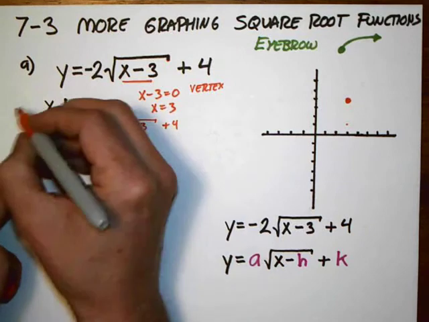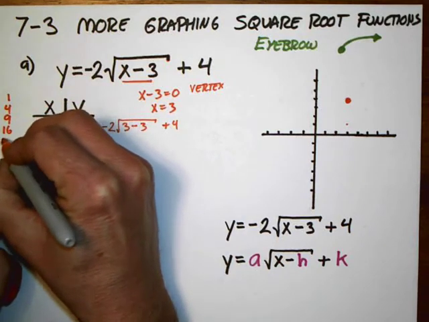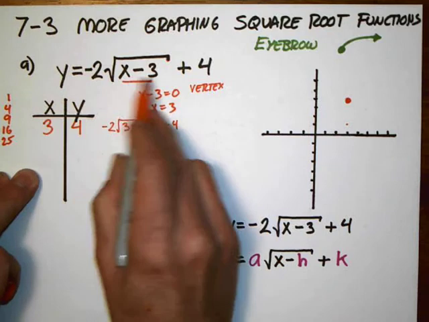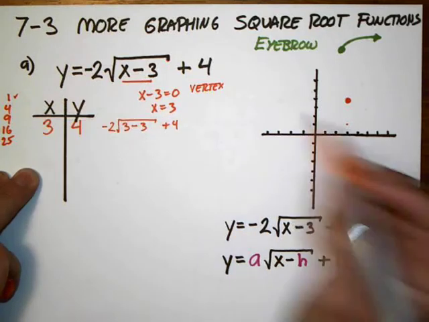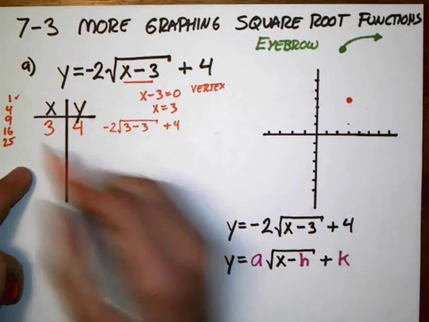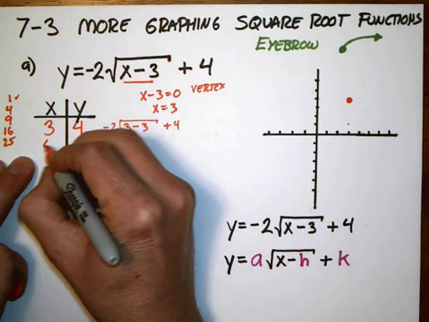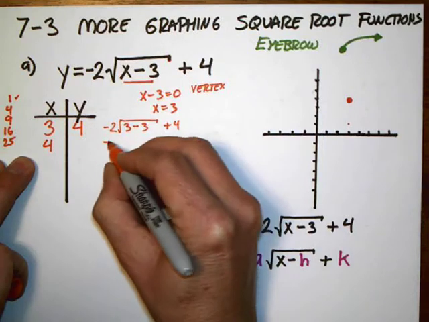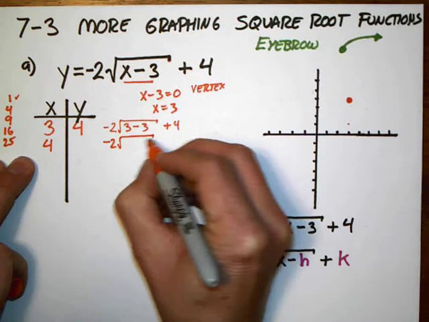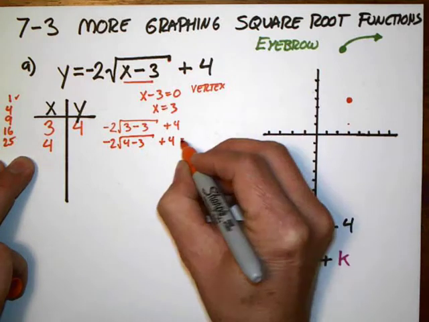So remember my perfect squares? 1, 4, 9, 16, 25. Well, how can I produce something in here that would have a perfect value of 1? If I want a perfect value of 1, x would have to be 4. So if x was 4, I'd get minus 2 times the square root of 4 minus 3, all of that plus 4.